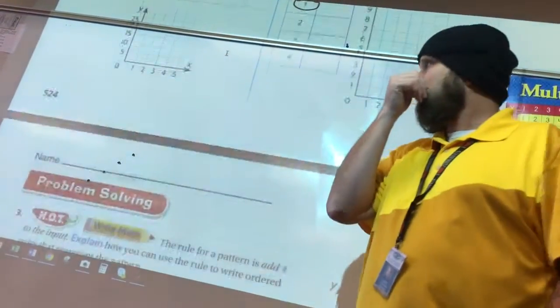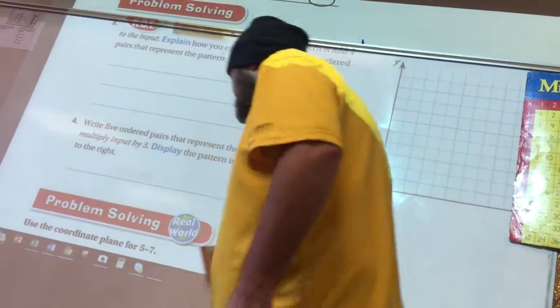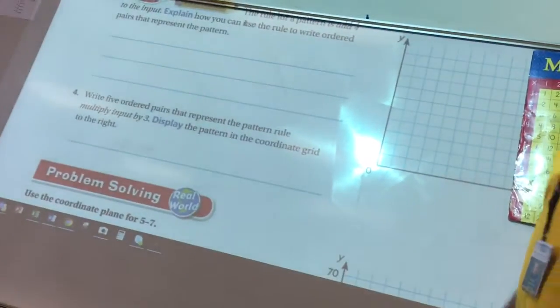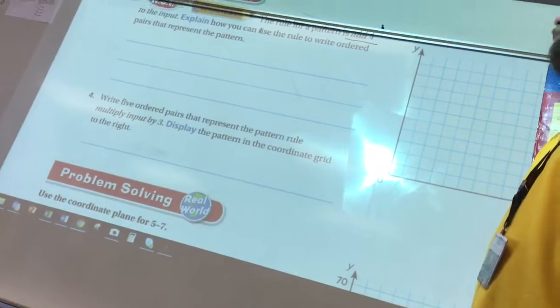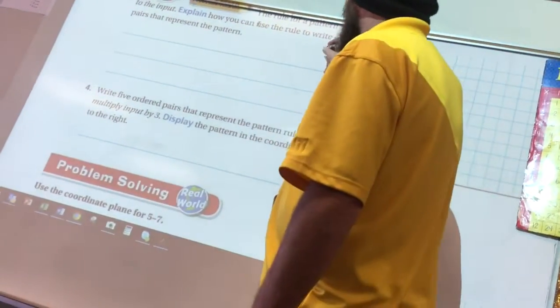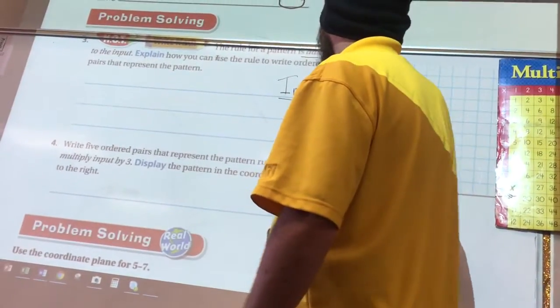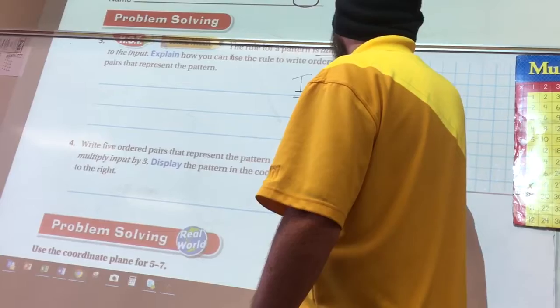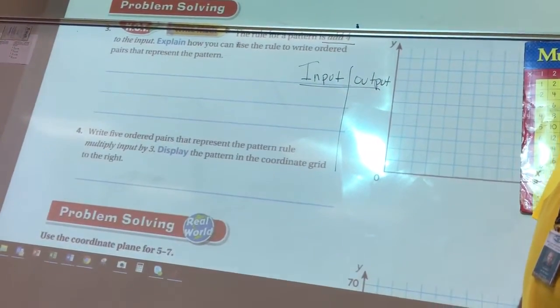Slide it up, because I don't have parent permission. All right. So this one, they're giving you the rule. The rule for the pattern is add 4 to the input. So if I had an input-output table, use the rule to write the ordered pairs that represent the pattern.